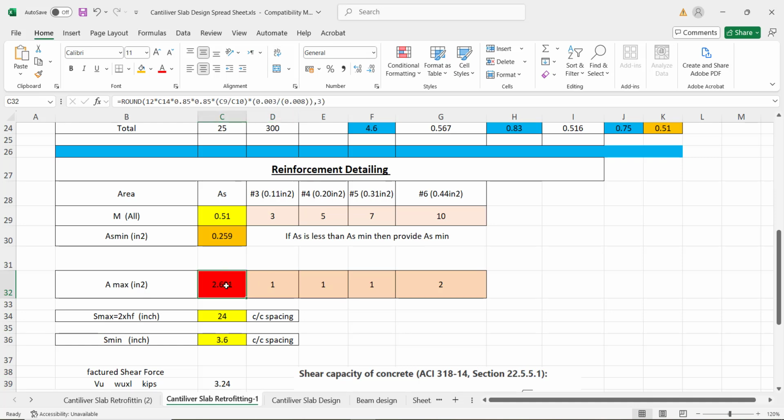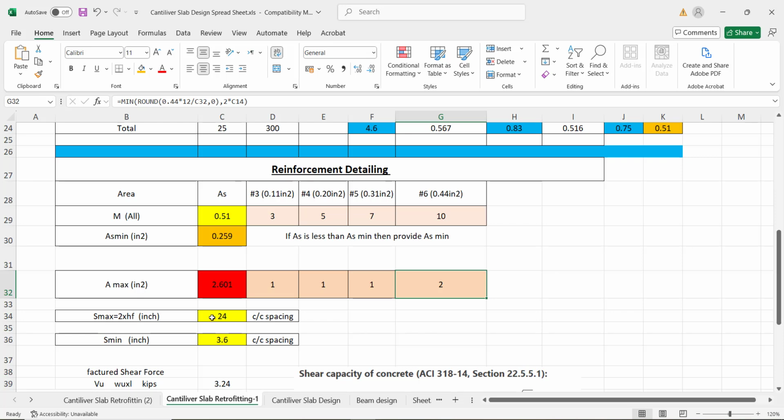Some people give less depth of the beam and provide more steel. So the concrete is less and the steel is more, and the structure goes to brittle failure. This is not recommended. This is just food for thought, that we should not exceed the maximum.